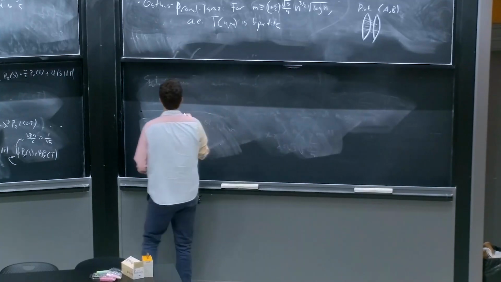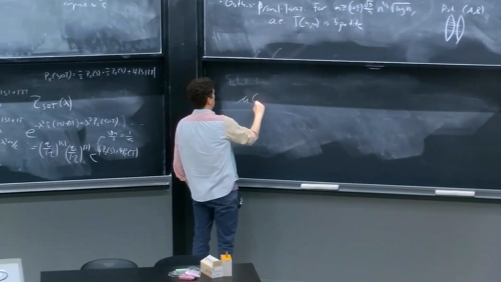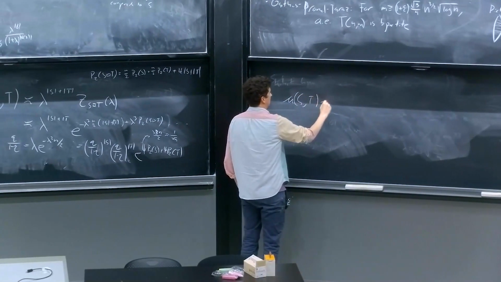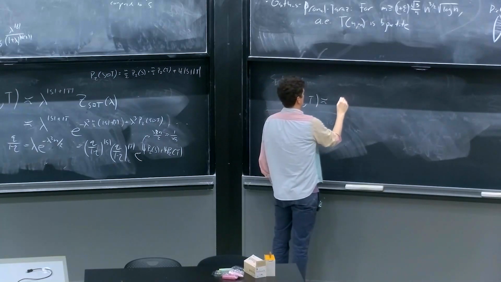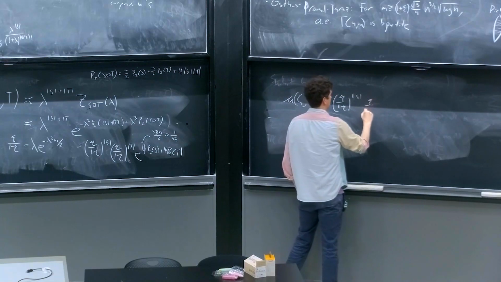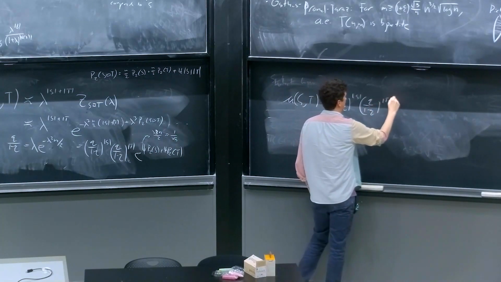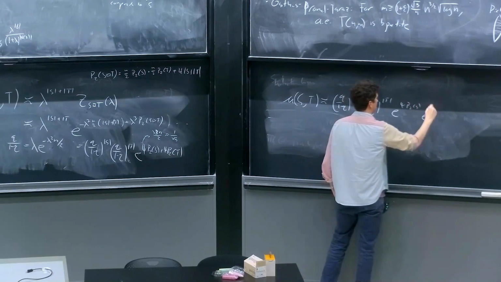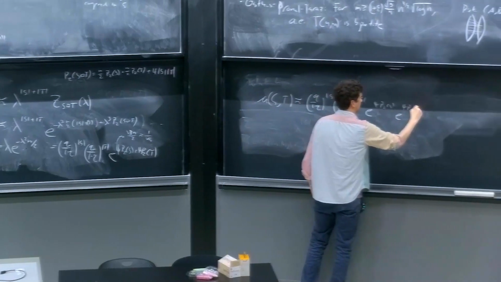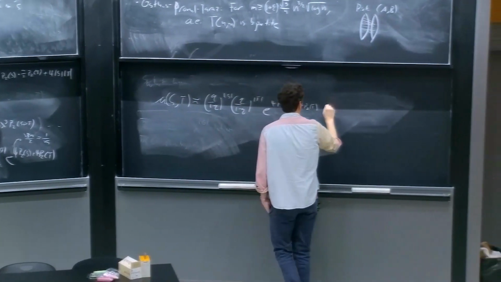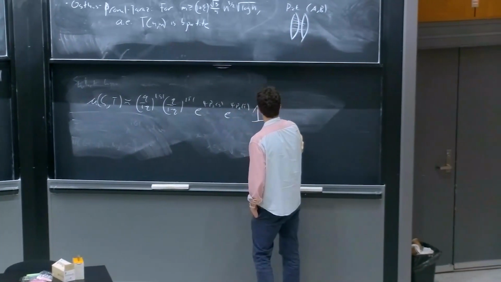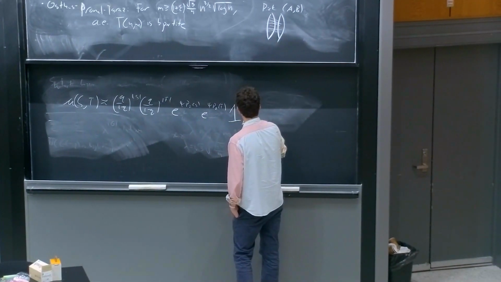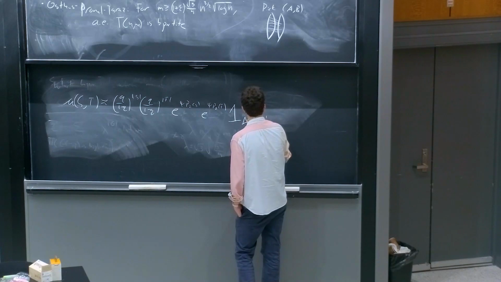So then what you want to say is mu of ST is proportional to Q over 1 minus Q to the size of S, Q over 1 minus Q to the size of T, e to the psi P2 of S, e to the psi P2 of T. But then you need to put an indicator function that delta of S, delta of T is at most 1 over 20.